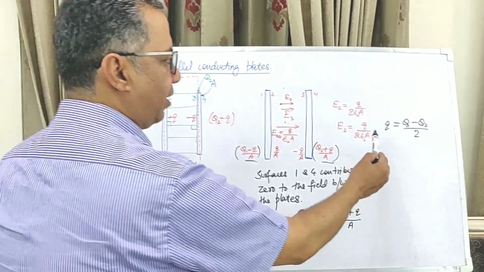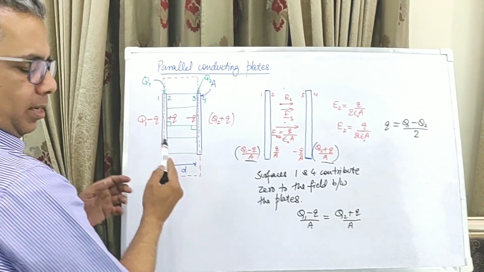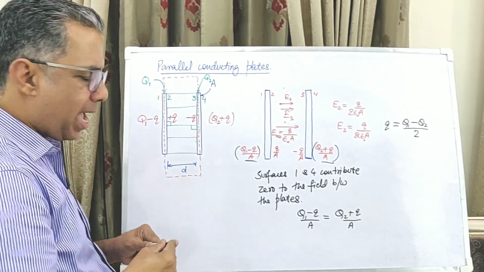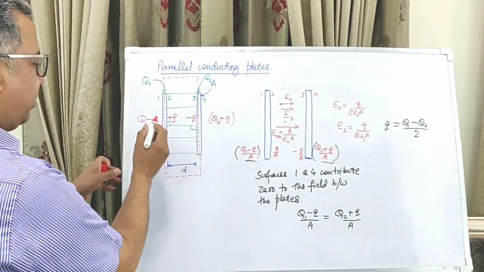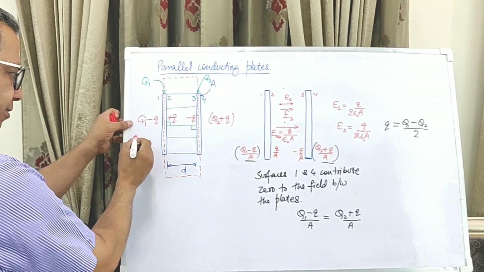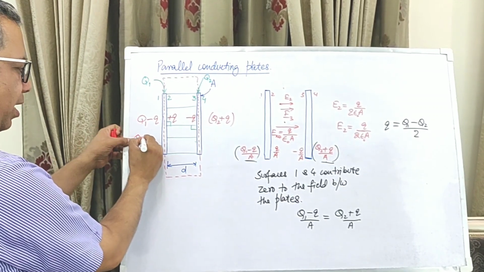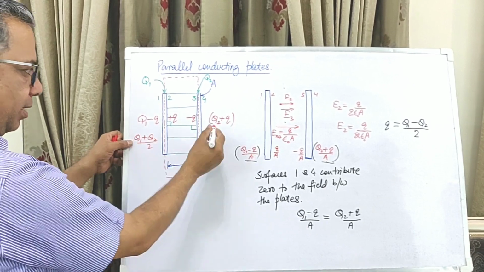Now once you have this value of small q, you can substitute it here and get the magnitudes of charges on all the four surfaces. Substituting this q here, we have Q1 minus Q2, Q1 plus Q2 by 2.